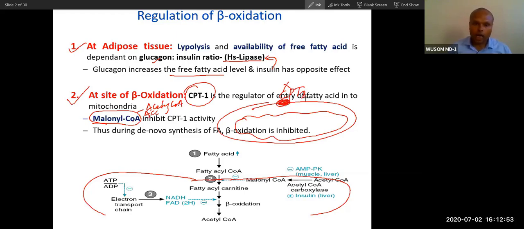That is how transport of acyl coenzyme A or fatty acid is not allowed because of inhibition of CPT-1 in the fed condition. So in the fed condition, there will only be fatty acid synthesis, not oxidation, by these two mechanisms. And in fasting condition, the activation of these two mechanisms will ensure fatty acid oxidation.